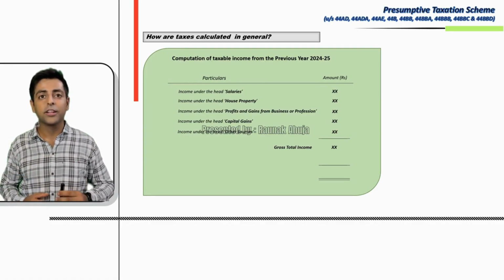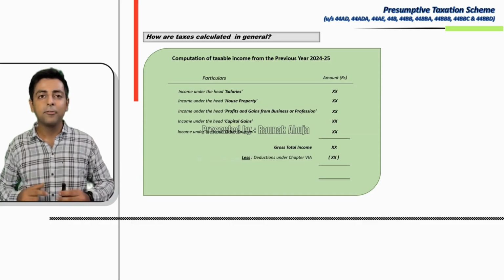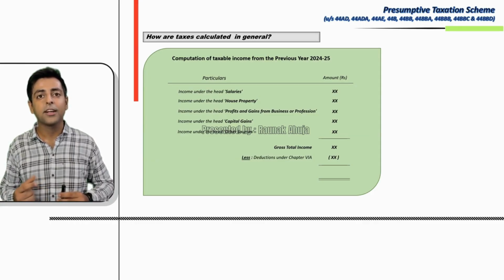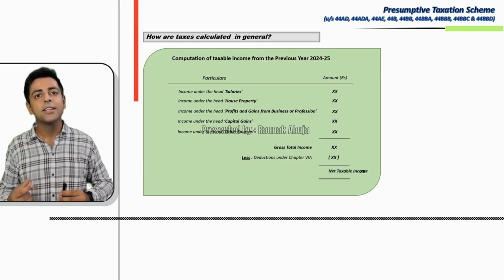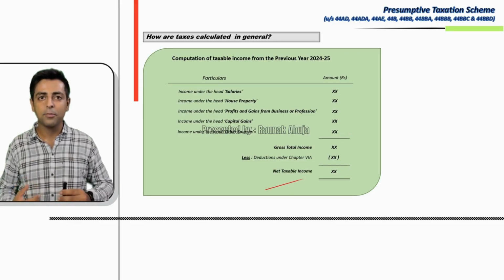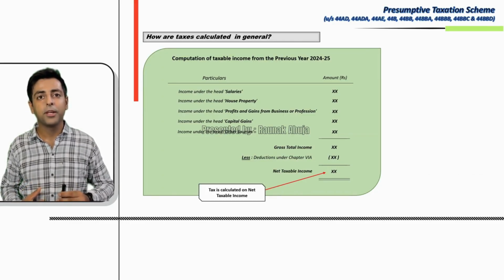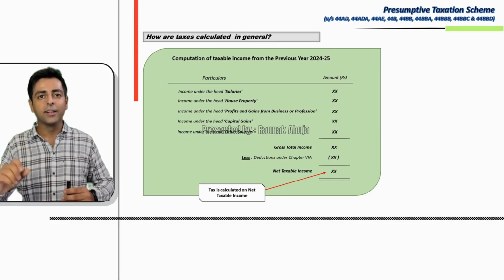Once the gross total income is calculated, then we reduce the deductions that are applicable to us under Chapter 6A. For example, all the payments that we make to life insurance or Mediclaim or many other deductions that are allowable under Chapter 6A, we are allowed to get it reduced from the gross total income.